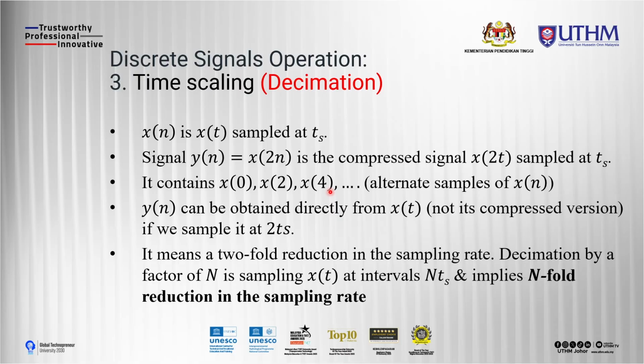Because of this, the signal looks compressed in time and the number of samples becomes smaller. This process we call decimation or downsampling. In general, decimation by N means sampling x(t) every N Ts, which reduces the sampling rate by N times.